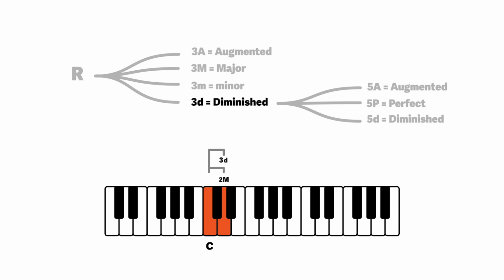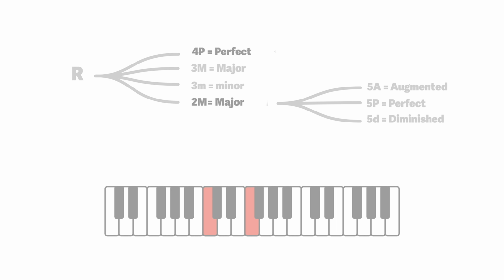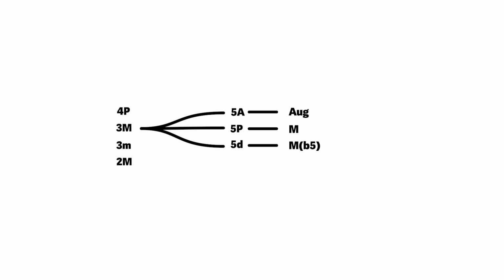A diminished third is the same as a major second, so we can replace the diminished third with a major second. An augmented third is the same as a perfect fourth, so we replace the augmented third with a perfect fourth. Each of these possibilities has its own name. We now have 12 possibilities in total.